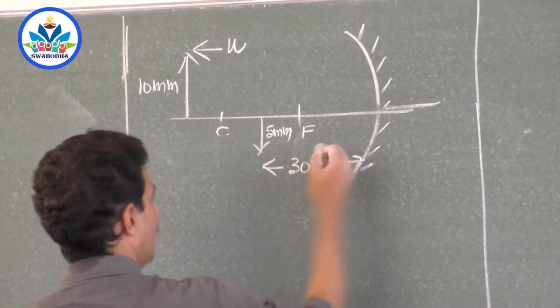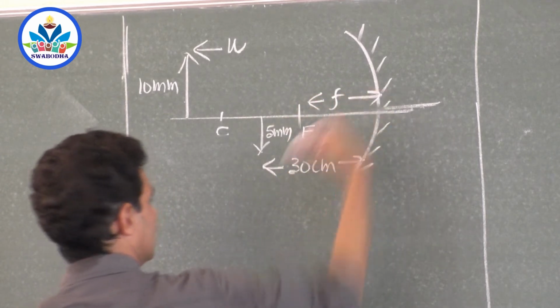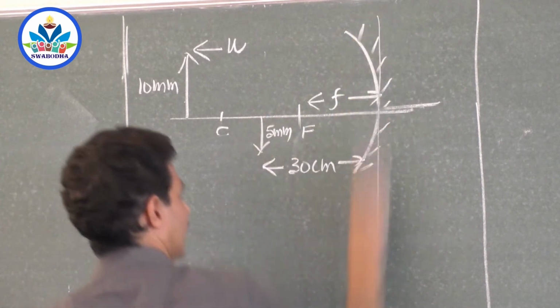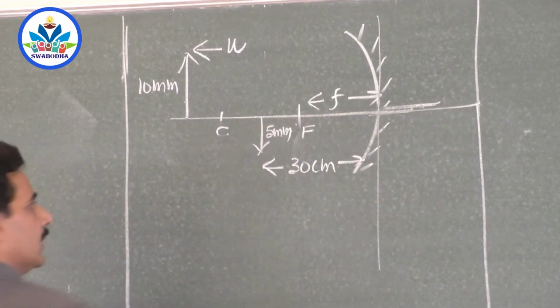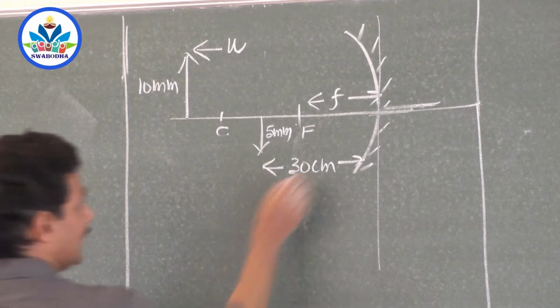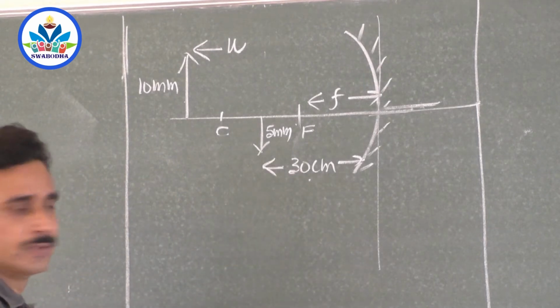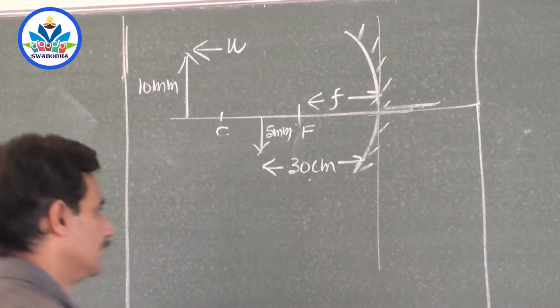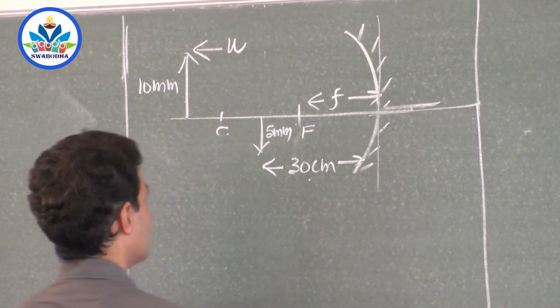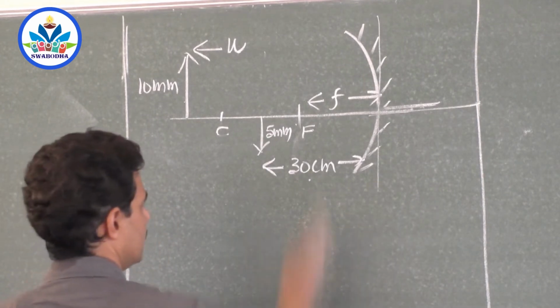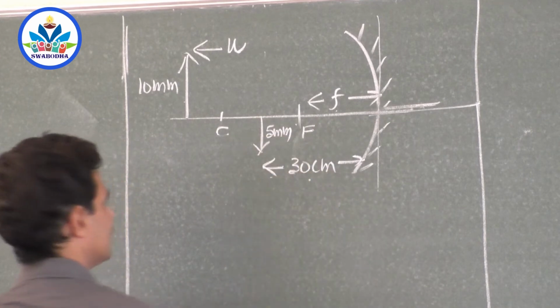So the focal length you have to get is, one thing, it is negative, in the coordinate system. And another thing is it should be less than 30 centimeter. So 2 clues you have now to verify whether the answer is correct or not. Focal length should be negative and less than 30 centimeter.